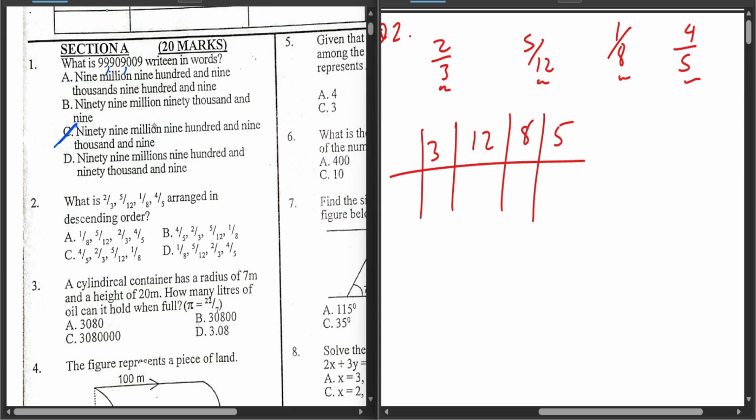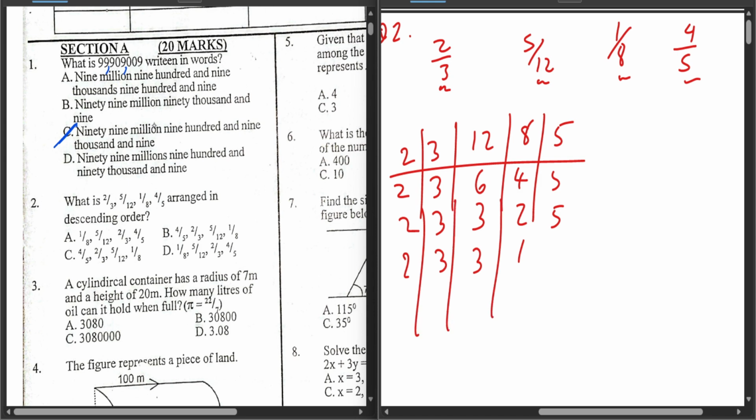And that is divided by 2: 6, 4, 5, 3; divided by 2: 3, 2, 5, 3; divided by 2: 3, 1, 5, 3; and then divide by 3: 1, 1, 5, 1; and then divide by 5, you'll get 1, 1, 1, 1 all throughout.